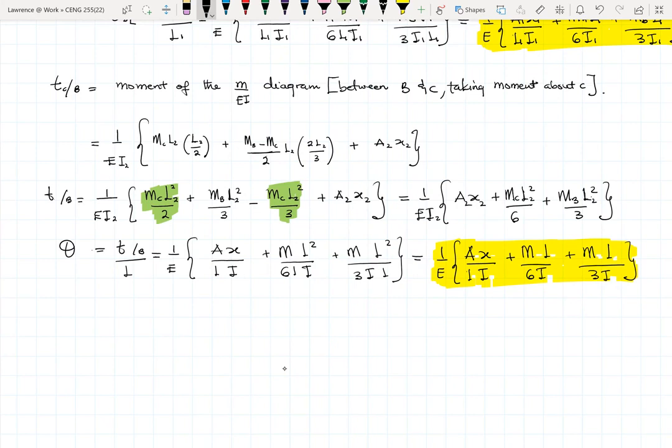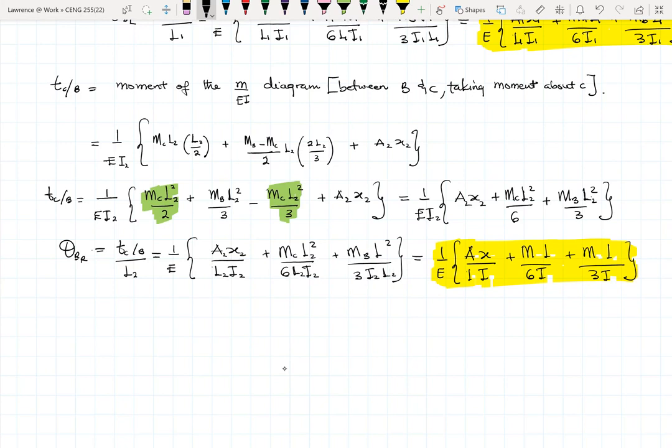So theta B on the right side will be TCB over L2. If you do the computations, you end up with A2 X2 over L2 I2, and here too you get MC L2 over L2 I2.